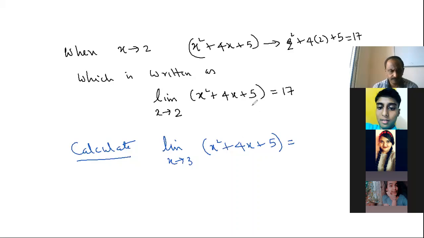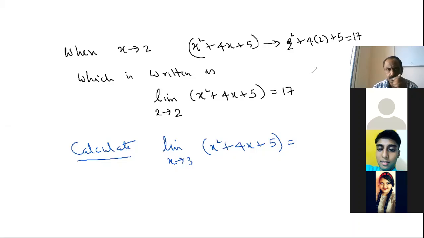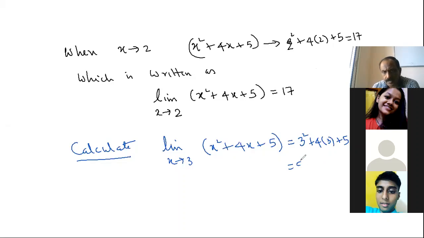Calculate and tell me the answer. 26. Yes, 26. So what will be the answer? 3 square plus 4 into 3 plus 5, so 9 plus 12 plus 5. That is 26.